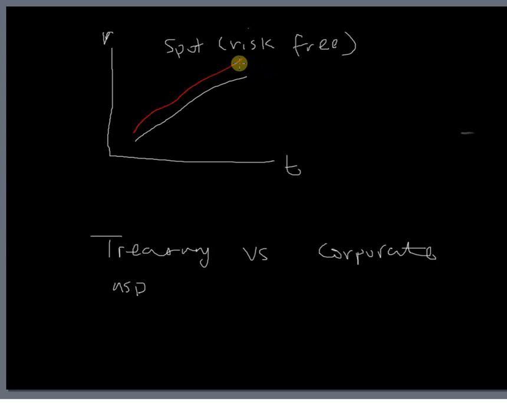And this is what we call the credit spread. At any point in time, there's a spread between the spot rate curve and the corporate yield curve, which is called the credit spread.